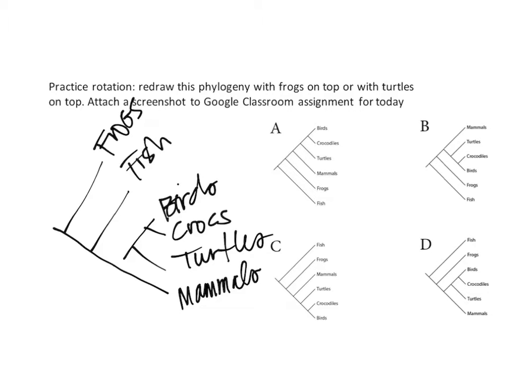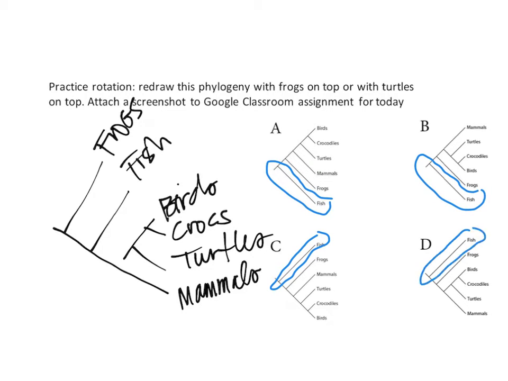So, in every one of the 4 trees on the right, what is fish? It's the outgroup, the most distantly related organism. So over here, in these trees, fish are always the species or group of species we have to go farthest back in time before we find the ancestral population from which all of these vertebrates derived.